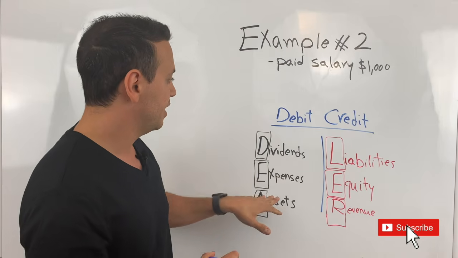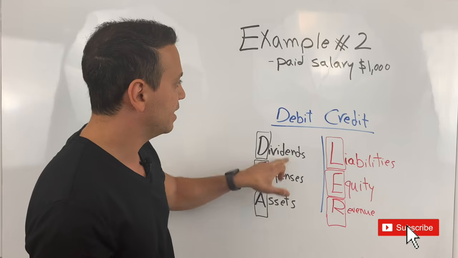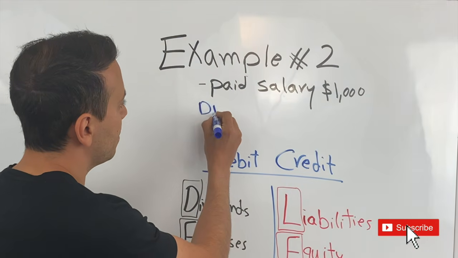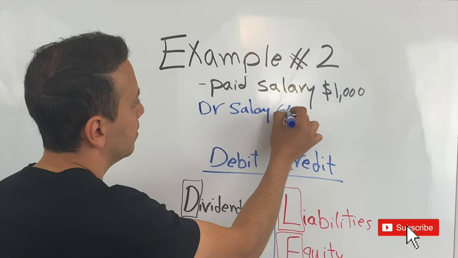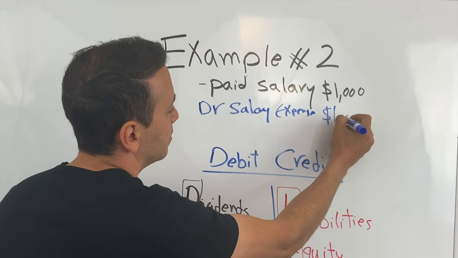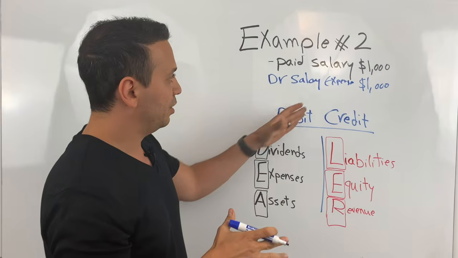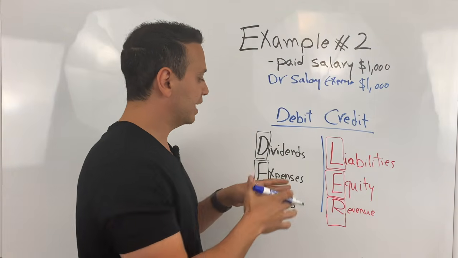So this is an expense. To record this transaction on the debit side, to increase an expense, it has a debit nature. So here that would be debit to salary expense for $1,000. And the credit in this case will be, you obviously are spending the salary in cash, and so cash is also an asset that will go down.